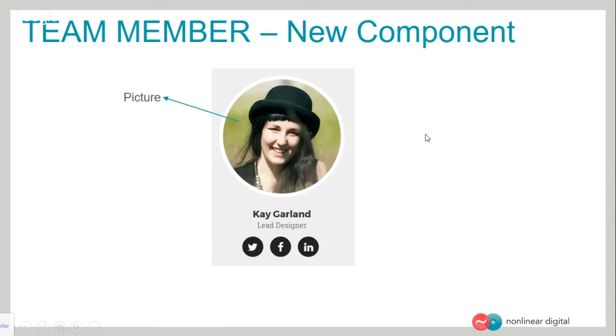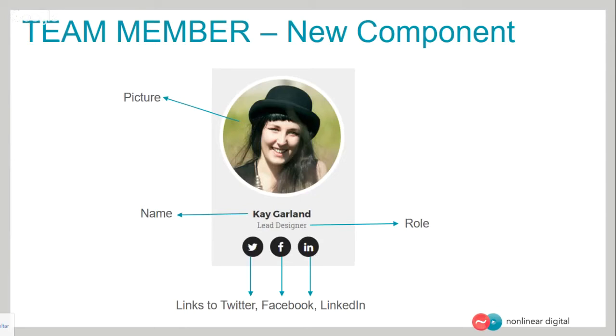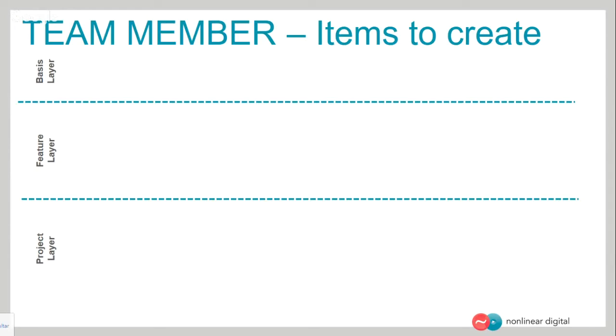And these are the things that you have in your component: a picture, a name, a role, and the links to the 3 social medias.